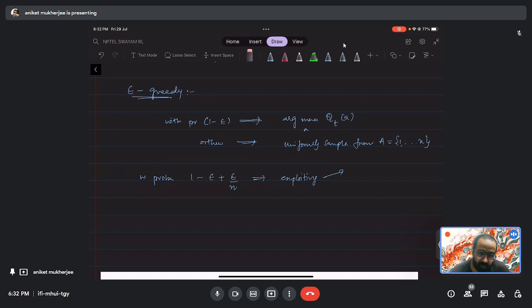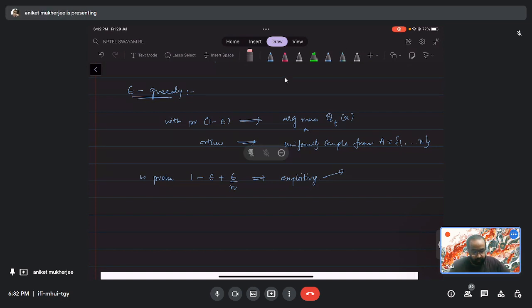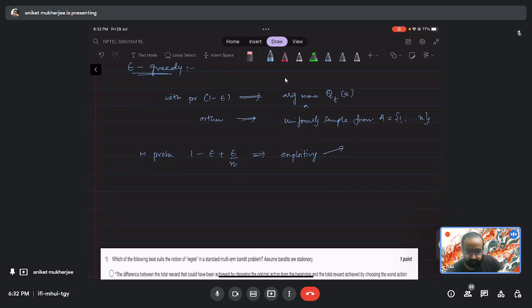You can start with a very high epsilon, a high exploration rate, and then slowly decrease epsilon, decreasing the exploration rate and increasing the exploitation rate. We'll go through the assignment questions, and then you'll understand how changing epsilon varies the algorithm.